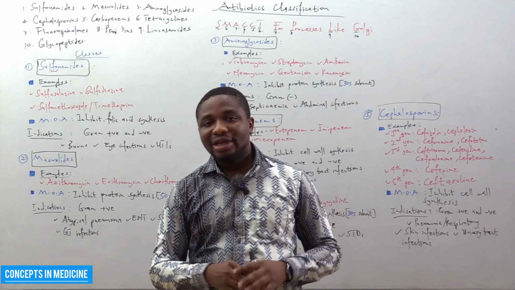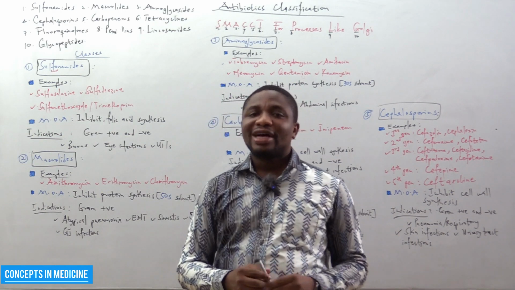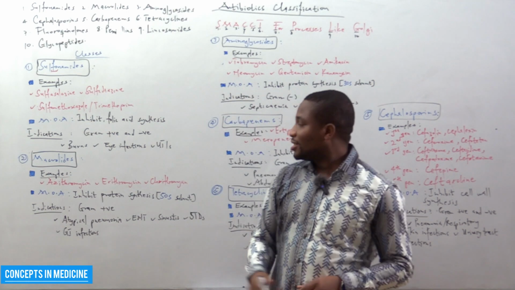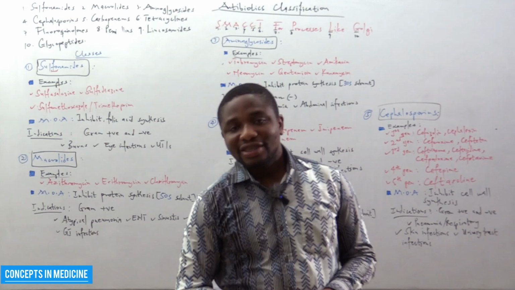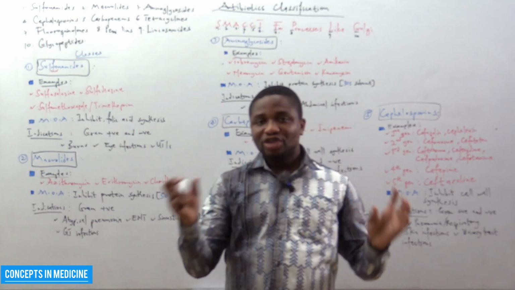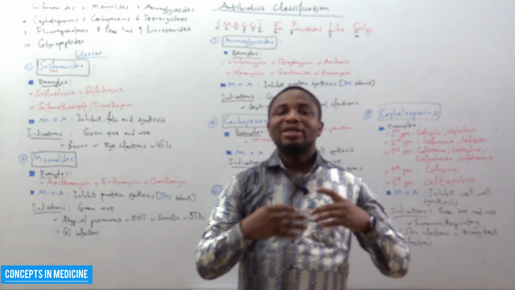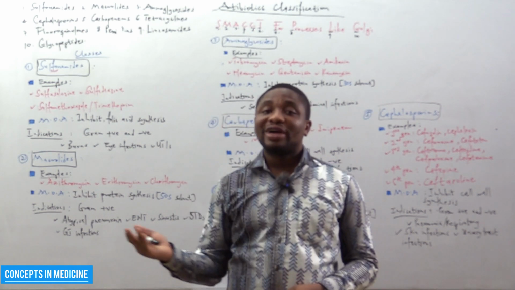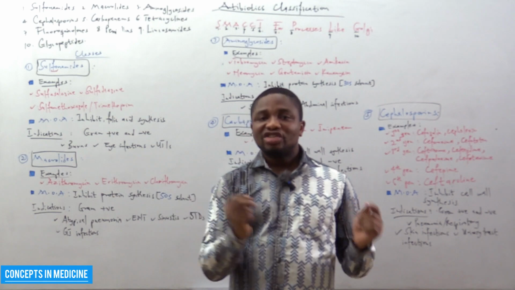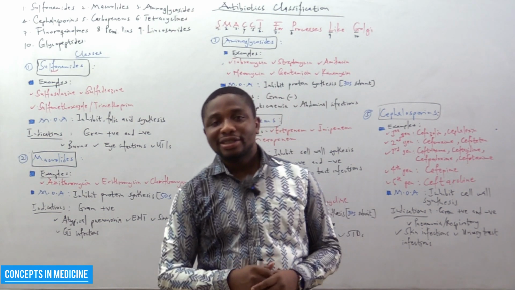Protein synthesis. So that will be the mechanism of action for the macrolides. They are indicated for treating only the gram-positive bacteria. When we are done, I'll show you a trick to remember which ones go for gram-positive, which one goes for both, and which one goes for gram-negative. And also another trick for the mechanism of action.